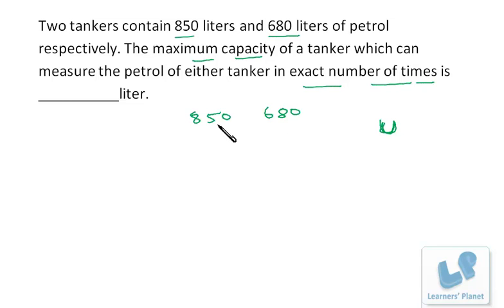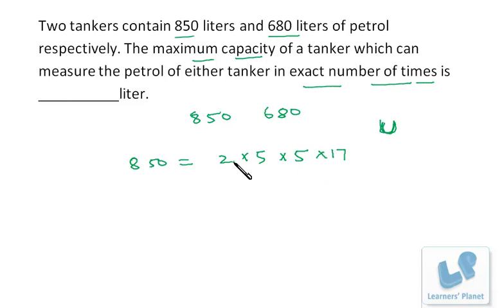Now what will be the HCF of 850 and 680? We can go by prime factorization method as well as division method. I just go by prime factorization method in this case. So 850 is equal to 2 into 5, that is 10, into 5 into 17, right? So it is 17 into 5, 85, 85 into 10 is 850.